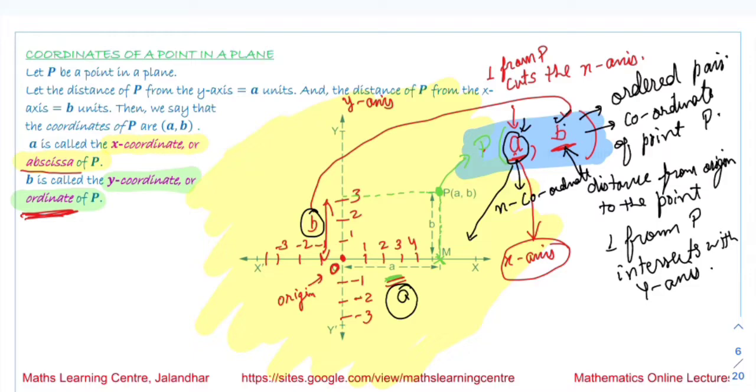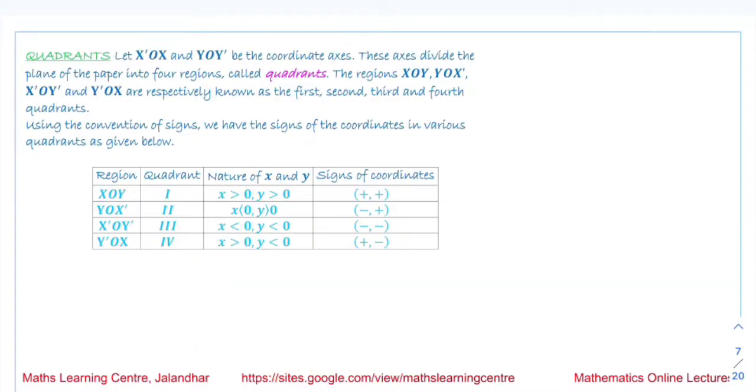Now, suppose any plane is given to us. We have considered an origin, we have drawn the x-axis, and we have drawn the y-axis. So basically these lines are infinite lines. It means this divides our whole plane into 4 parts.